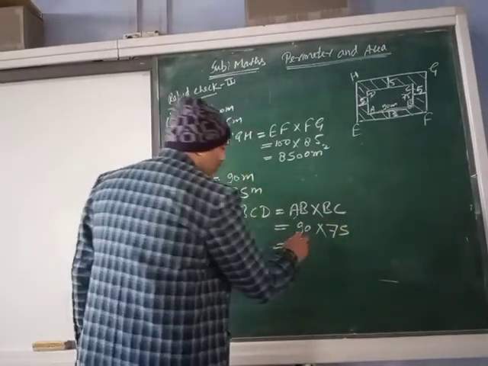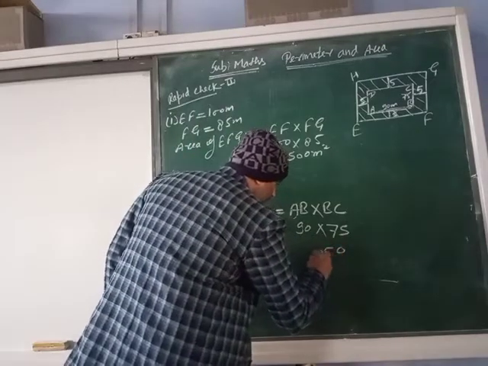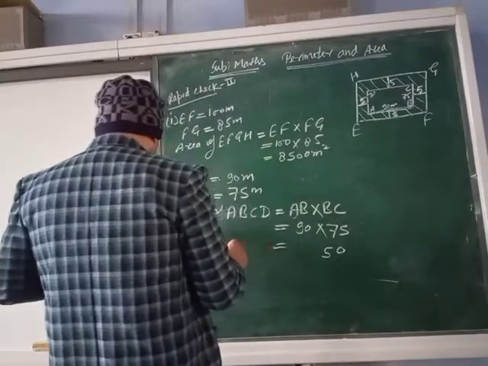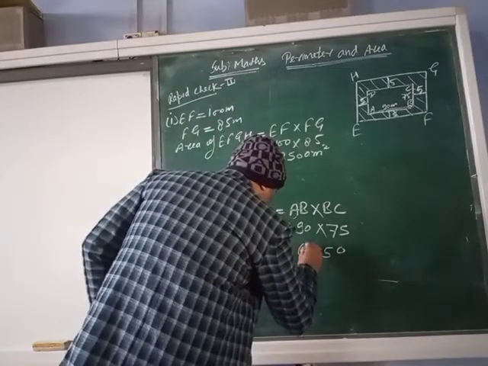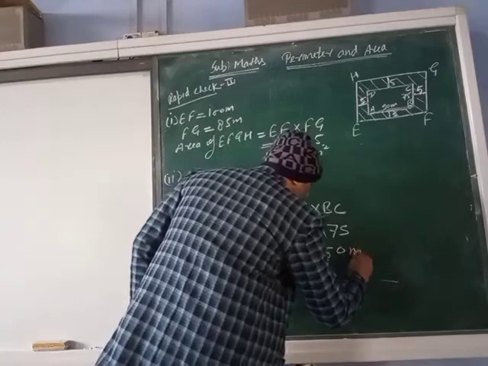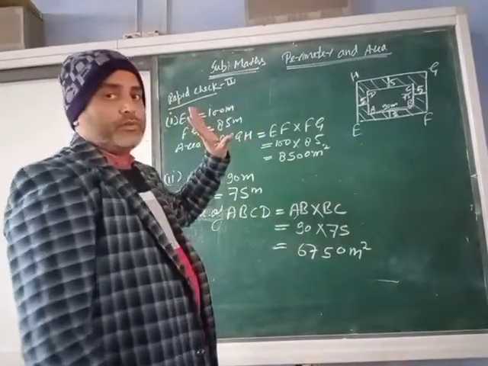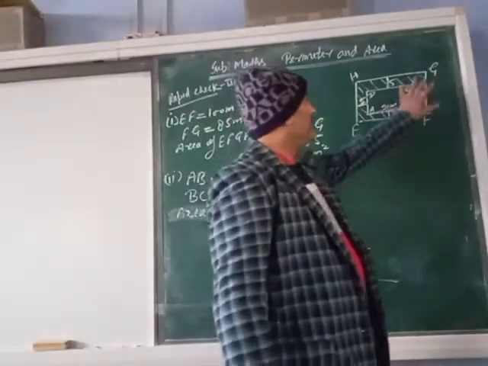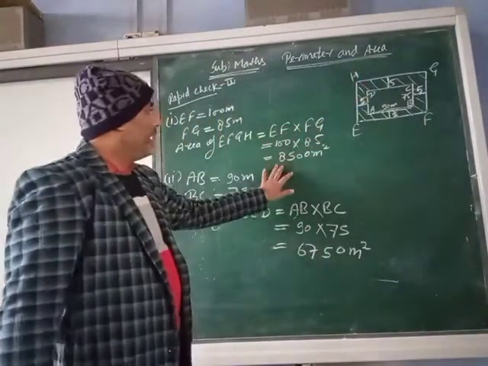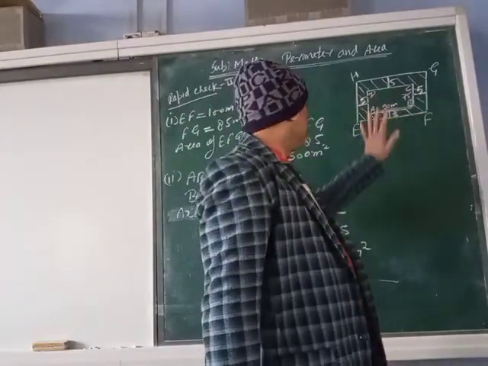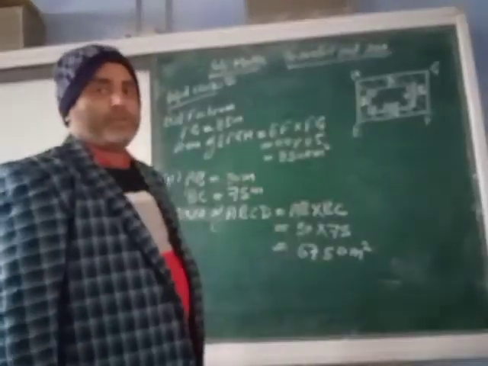Now multiply: 6750 meter square. Now see, first we found the area of EFGH, that is 8500 meter square, and the area of rectangle ABCD, that is 6750 meter square.